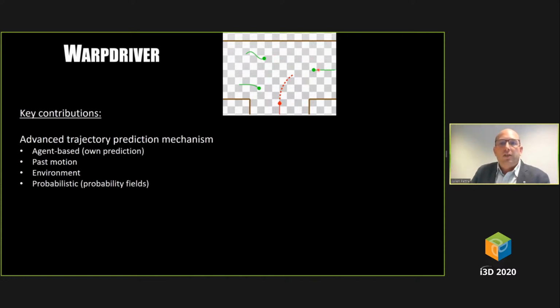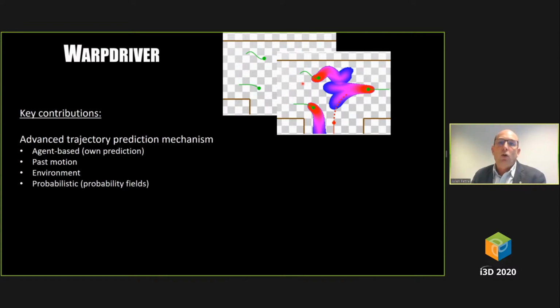And finally, it's not certain what will happen with this agent on the right, if he'll continue straight ahead or maybe turn left. WorldDriver is exactly doing this, computing those probabilities for the future state of agents.